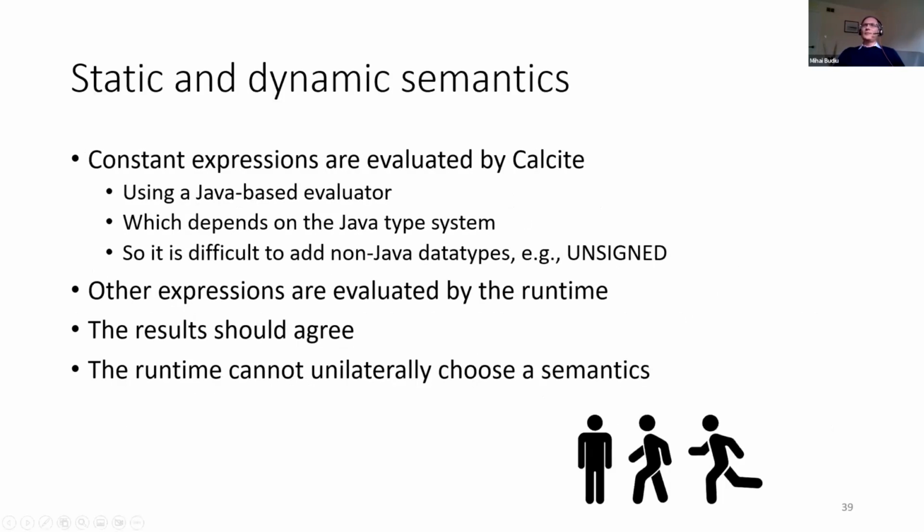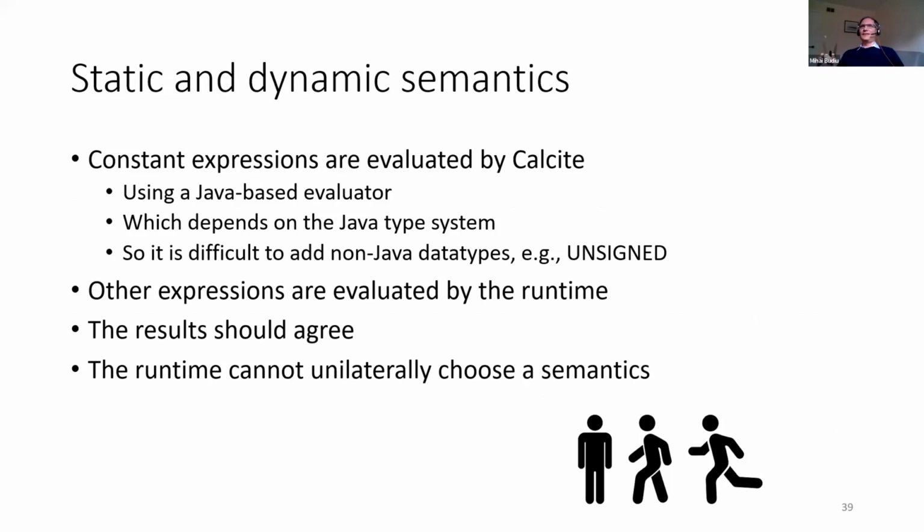And there's one more thing I want to point out: Calcite has a notion of semantics of what it's compiling. It's very flexible and very extensible, but it's not infinitely extensible. For example, Calcite does constant folding, if you ask it to. There's an optimization pass which does constant folding. Sometimes you would think, why do you care about Calcite?